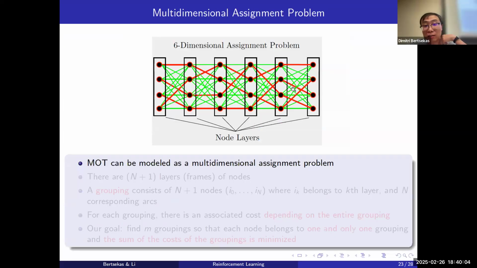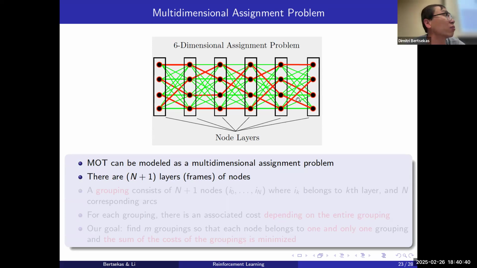Now let's look at the mathematical problem of this multi-object tracking problem. It can be modeled as a multi-dimensional assignment problem where there are n plus 1 layers of nodes. You can imagine these are different people in the preceding image stream. Of course, here we made some simplification that each frame has the same number of people, or objects.